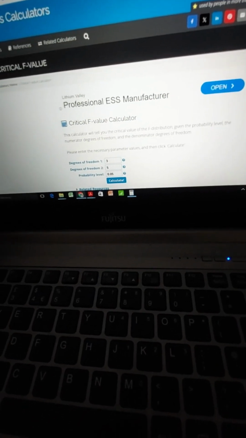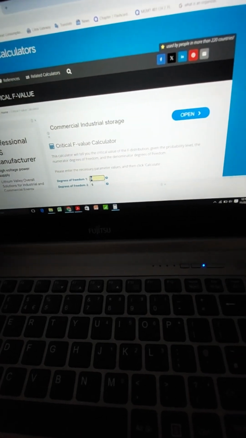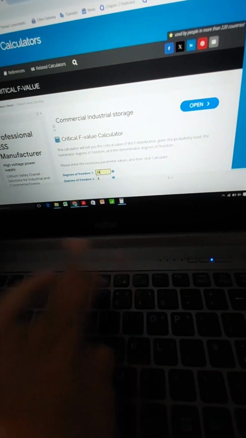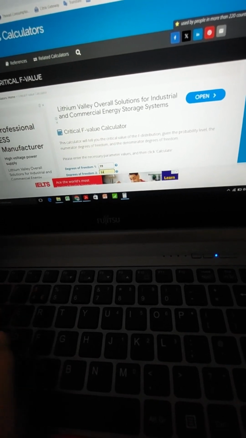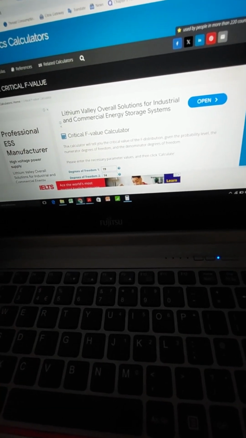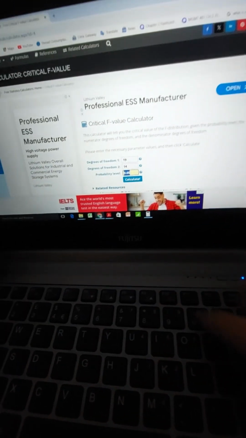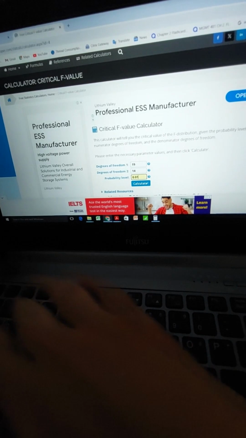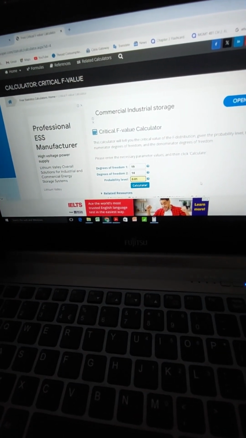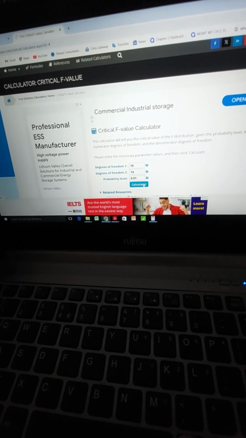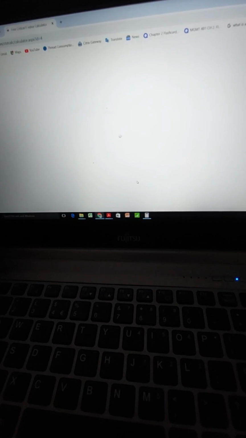Using the web, the degree of freedom 1 means the numerator. The numerator is 19 and the degree of freedom for the denominator is 14, and the probability level is 0.01. Okay, so let's calculate and see what it gives us.